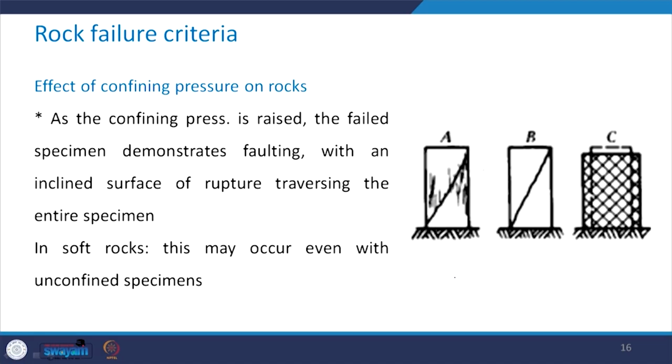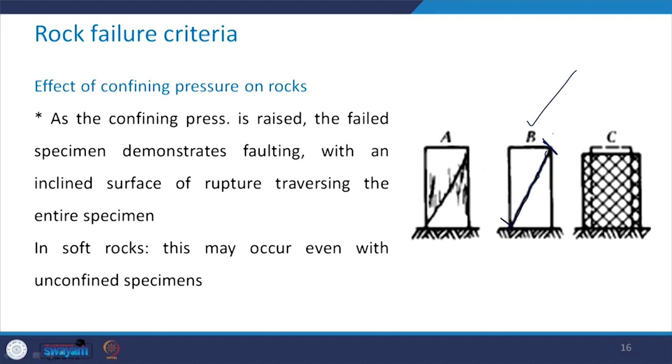Now when you increase the confining pressure, the failed specimen demonstrates faulting with an inclined surface of rupture which is traversing the entire specimen. Take a look at figure B in this case. So this means there is more confining pressure and you can see this kind of inclined surface of rupture which is traversing the entire specimen, from this end of the specimen to this end of the specimen.